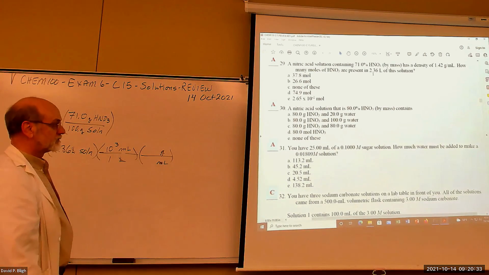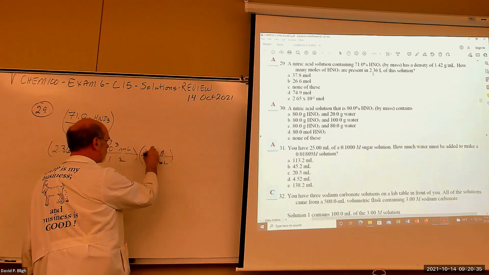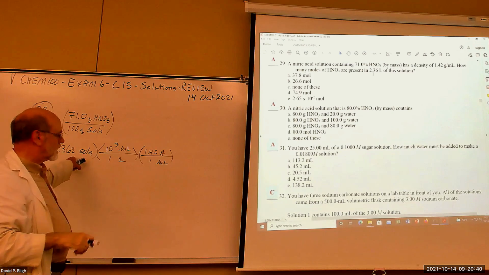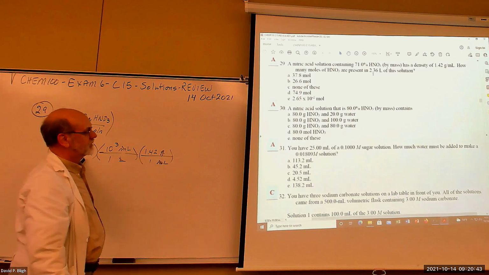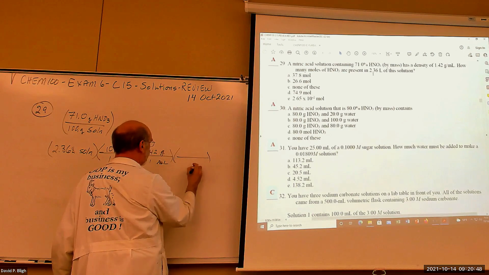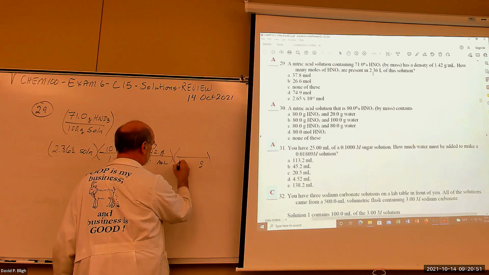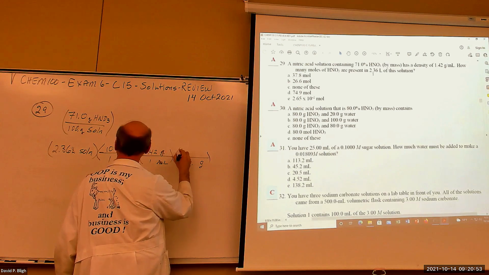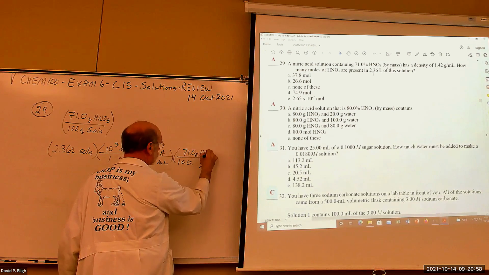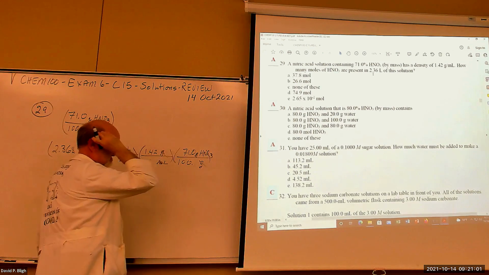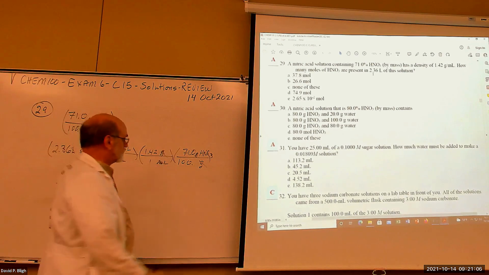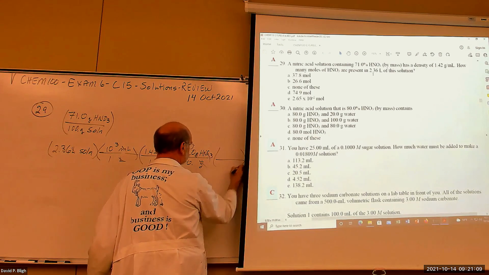Grams per milliliter, 1.42. Okay. Cancels milliliters. Now we know how many grams of the solution that we have. So if we know that we have that many grams of solution, now we can cancel grams of solution and give us grams of HNO3. Now we can convert grams of HNO3 to moles. All we need is the molar mass.